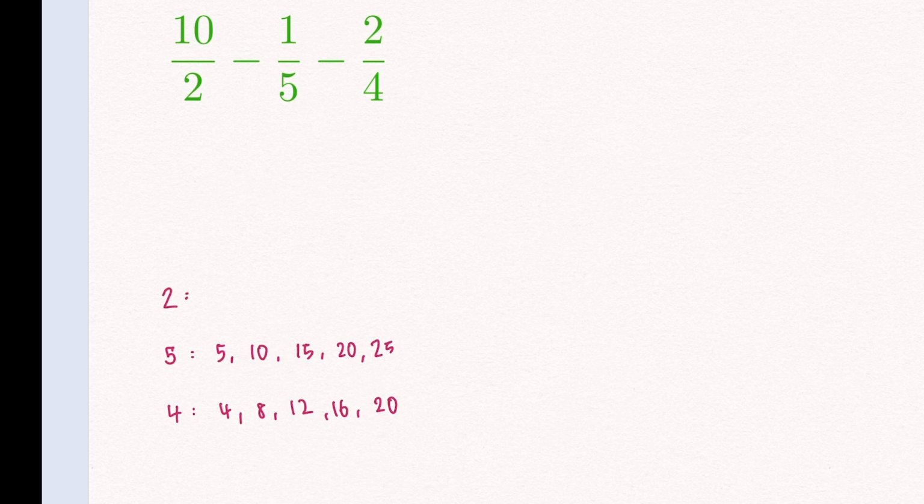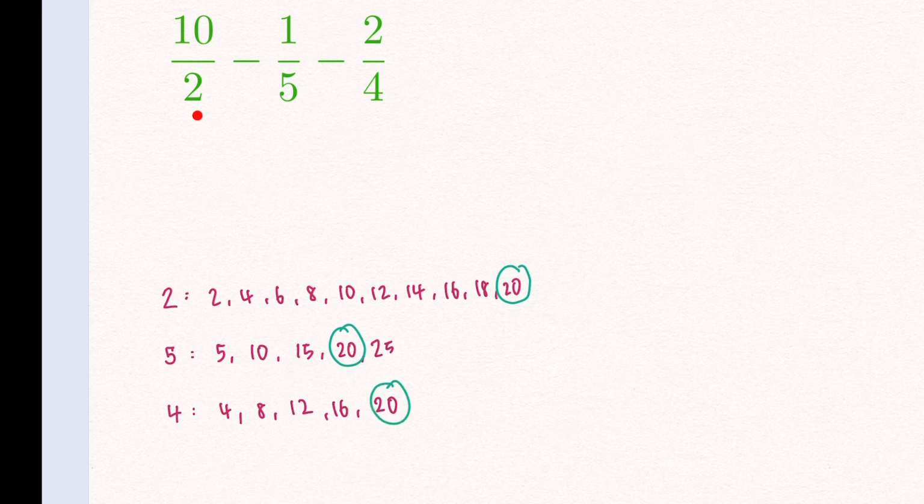And I know that 2 can make a 20, but I'll list them. So the common multiple of 2, 5, and 4 is 20. So that means we need to change this 2 so that it becomes a 20. Change this 5 so that it becomes a 20, and the 4.